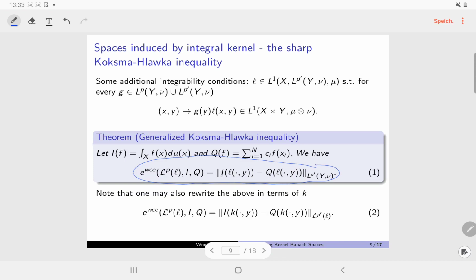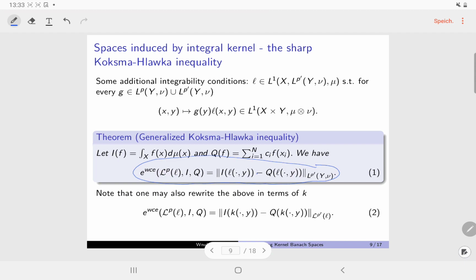The representer was I of k minus quadrature of k. Now we have I of L minus Q of L, and we take the L^p' norm of this function.